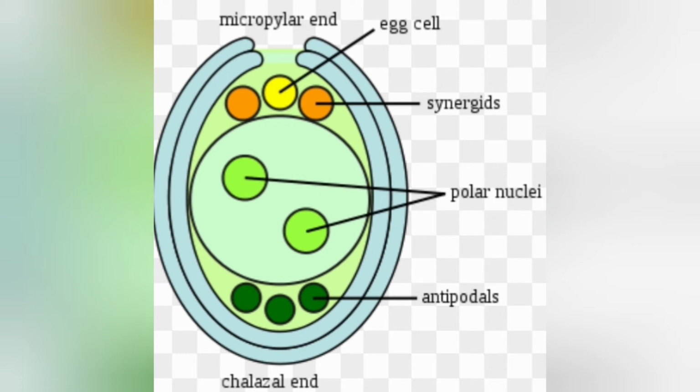The micropylar 3 cells are 2 synergids and 1 egg cell, while at the chalazal end, all the 3 are antipodals. In between, the 2 cells fuse their cytoplasm but not the nuclei. Hence, the cell is the central cell with 2 polar nuclei. Only this is the diploid structure. The rest 6 cells, egg cell, synergids and antipodals, are haploid.